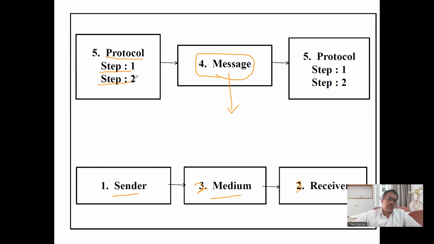For example, some inauguration program is there. We call some officials. In that, we need to follow some protocols. First, whom we have to invite. Then, where they have to sit, how much they have to speak, at what time they have to speak.